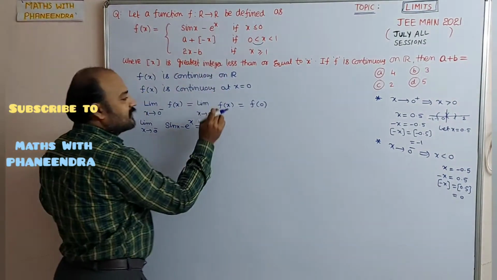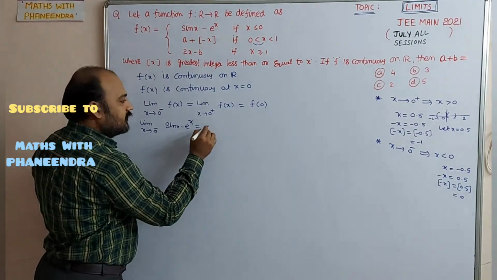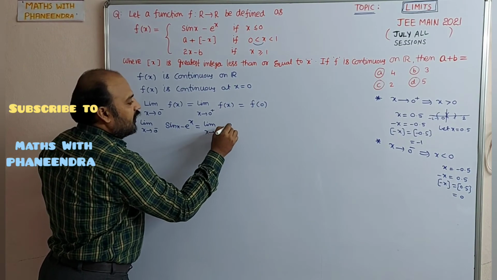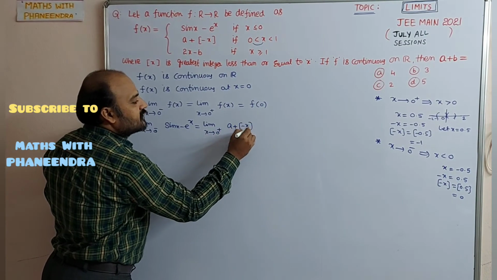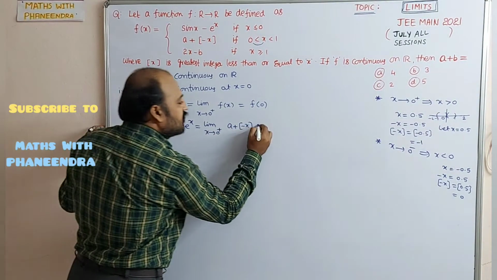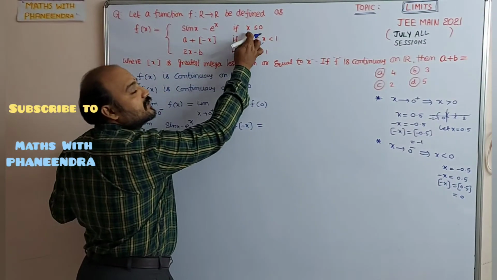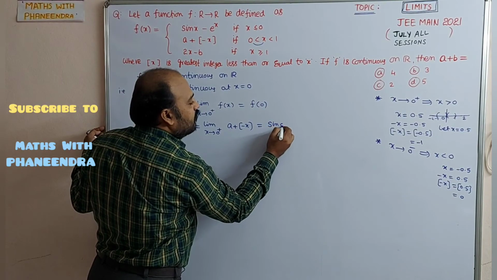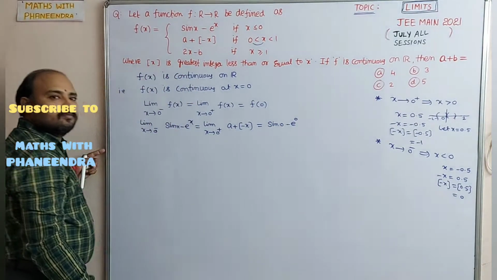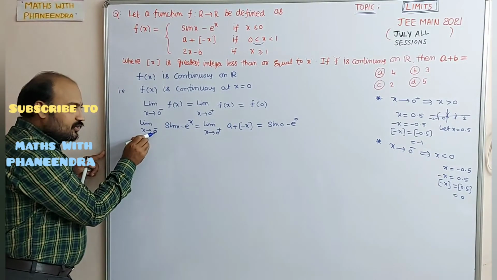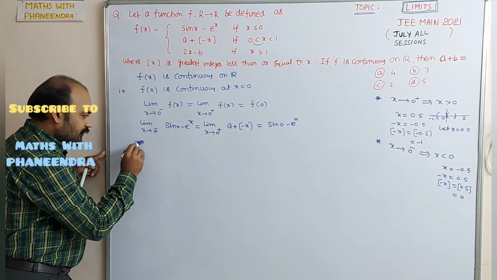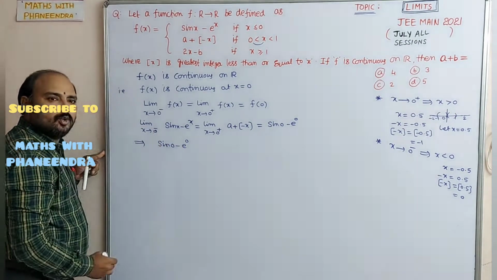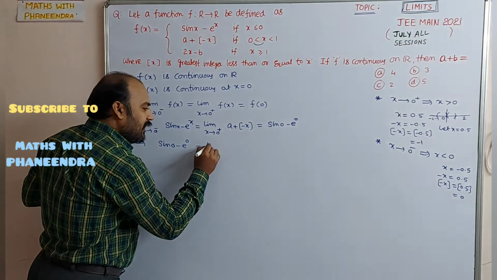So in place of f of x, you have to replace with limit x tends to 0 plus a plus step of minus x, which is equal to f of 0. x is less than or equal to 0 is there, so x is equal to 0, substitute in this. Sine 0 minus e power 0.